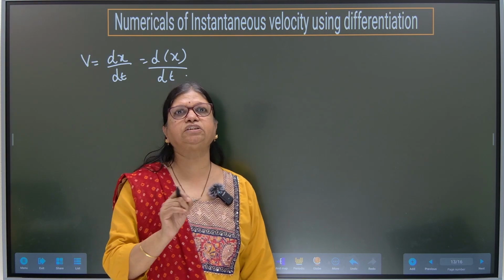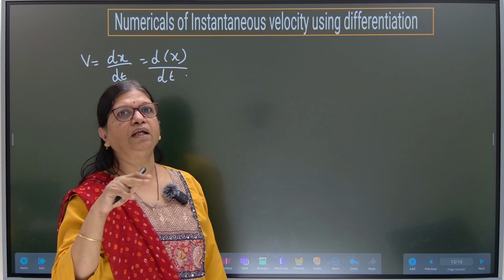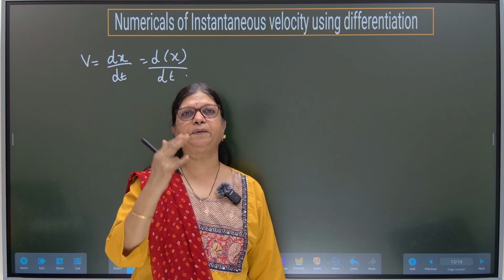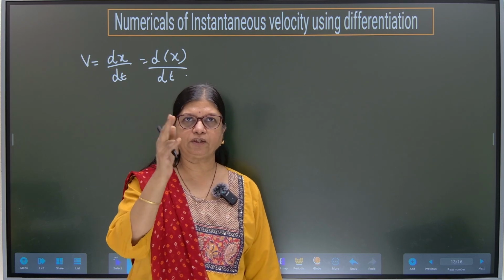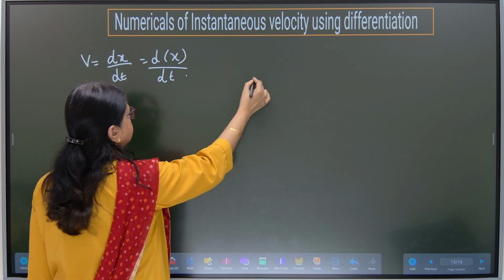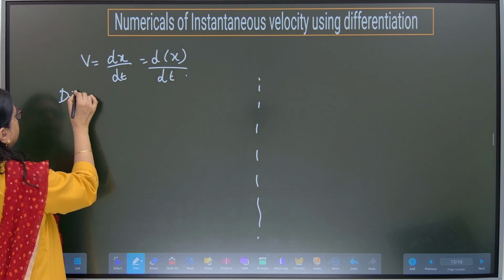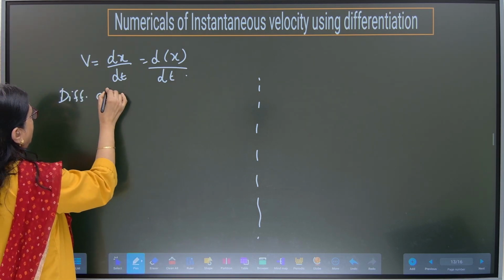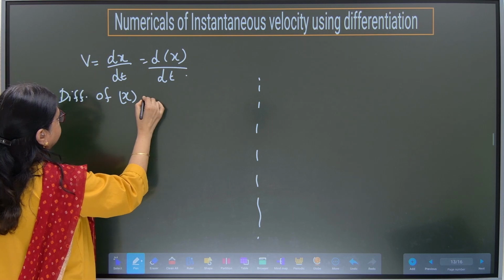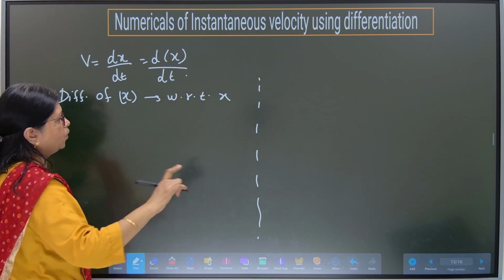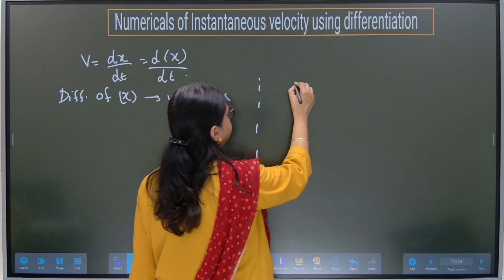And so, differentiation can be done in two ways. One, where you differentiate a particular variable with respect to the same variable. So it is better I make you understand with an example. Differentiation of x with respect to x. What is the other part?